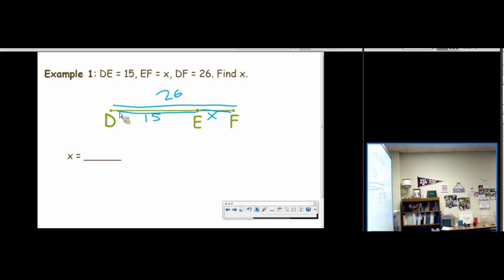Is this a midpoint problem or a segment addition problem, Richard? Segment addition. Yasmin, what do we do for segment addition? Tell me what to write. I forgot. No, but you have to tell me what to write. 15. Yes, ma'am.